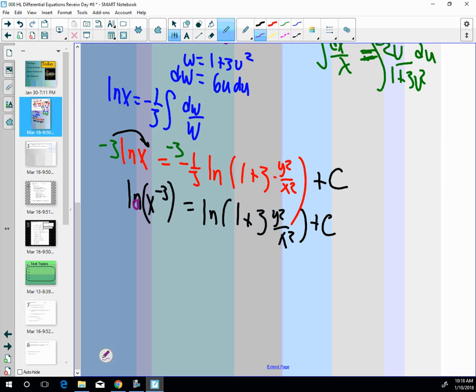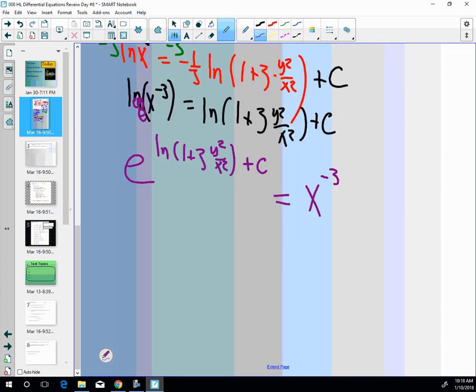I'm going to go log base e here. e to the natural log of 1 plus 3y squared over x squared plus c is equal to x cubed, or x to the negative 3. I feel like I'm doing this the long way, but we're going to get there. 1 plus 3y squared over x squared times e to the c is equal to x to the negative 3.